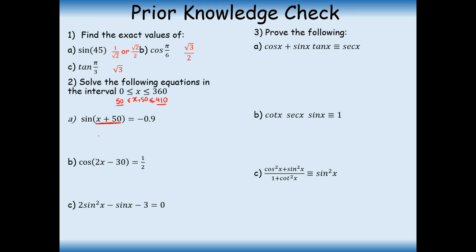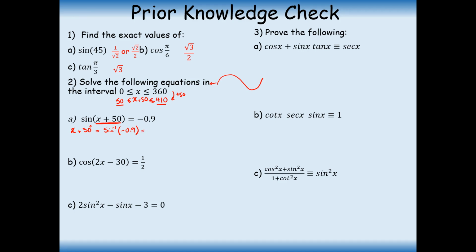First of all, it has to be between 50 and 410, because if you think about the sine curve, it has been translated in one direction by 50 degrees, and that's why we have to do this calculation as such. So x plus 50 degrees will be sine inverse of negative 0.9.